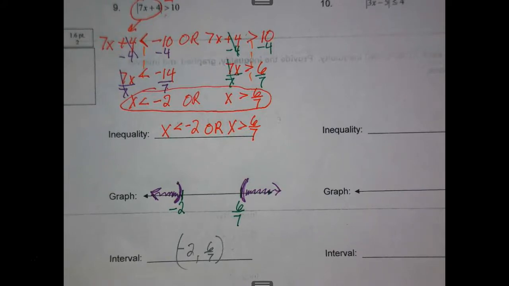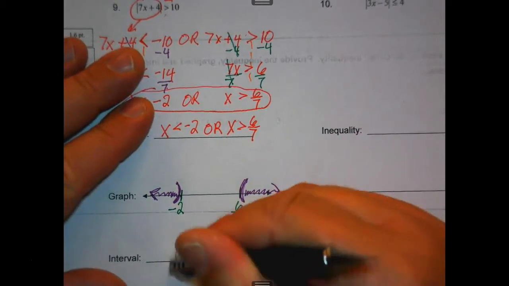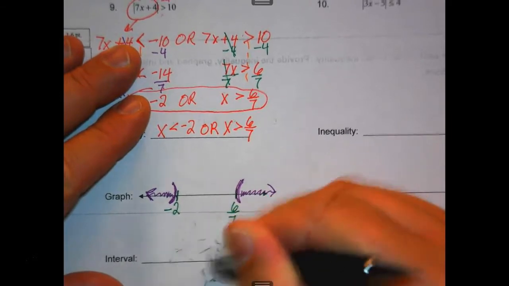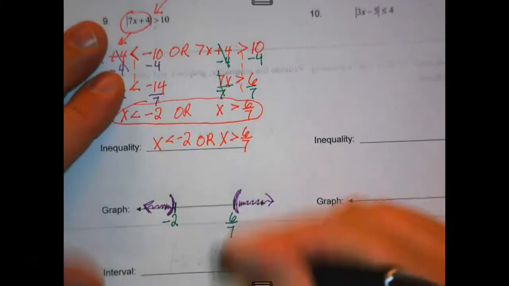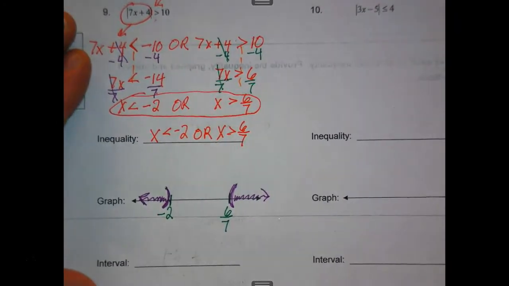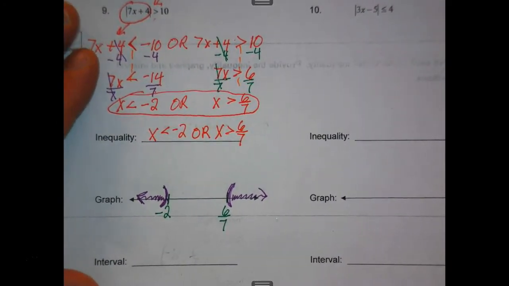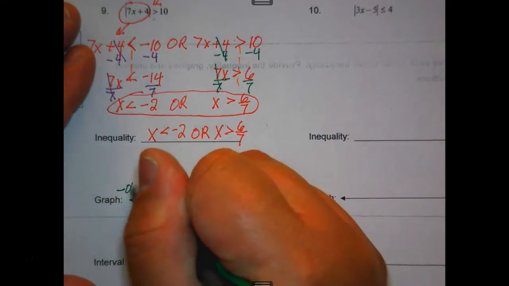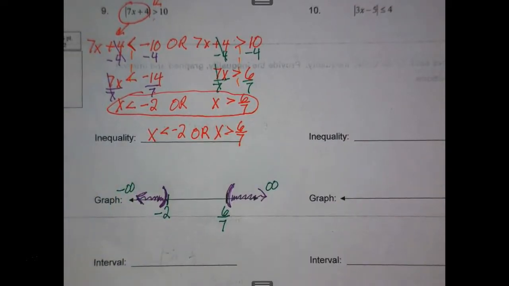This is an interval for an AND problem. It's two sets with a U for union. If you're having problems with it, please put your infinity signs here. That way it's harder to make the mistake.